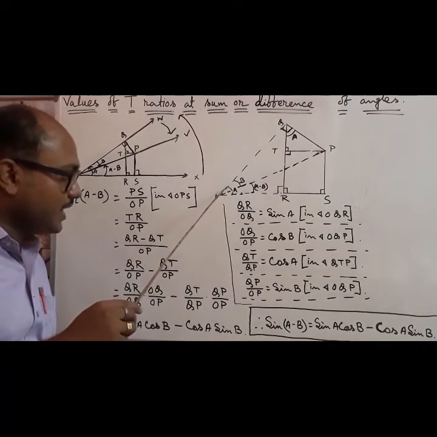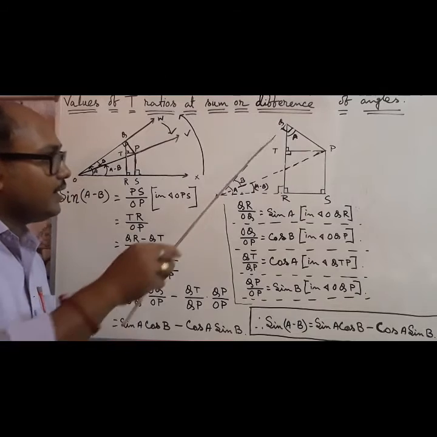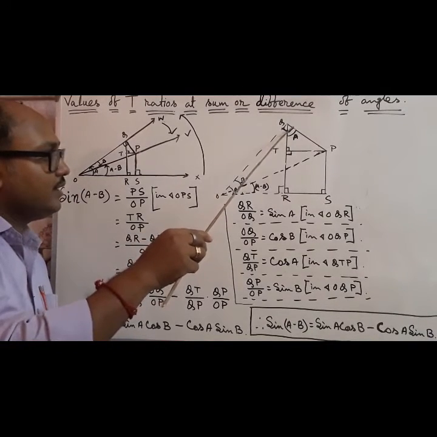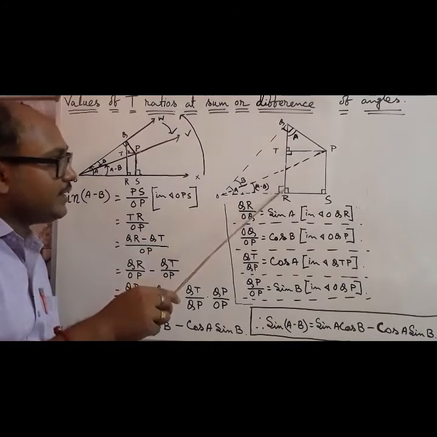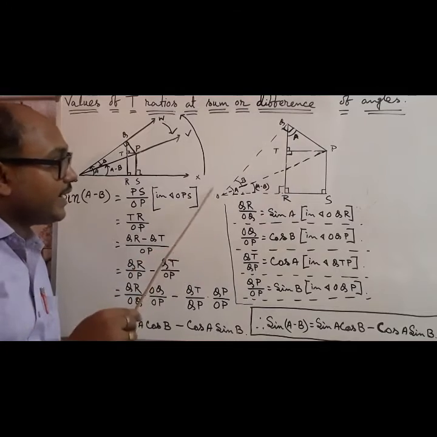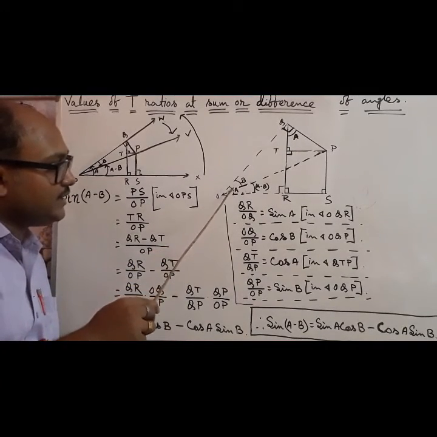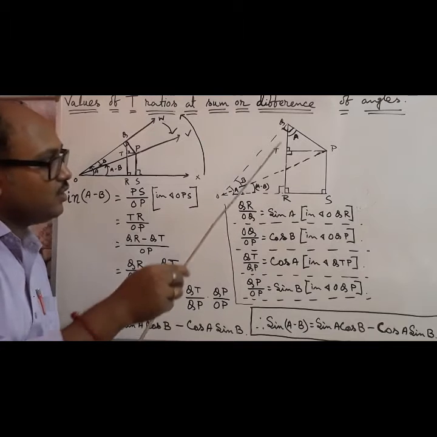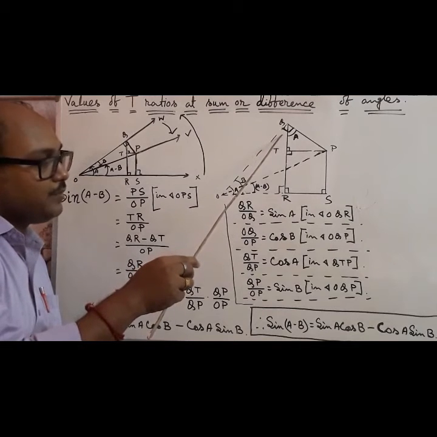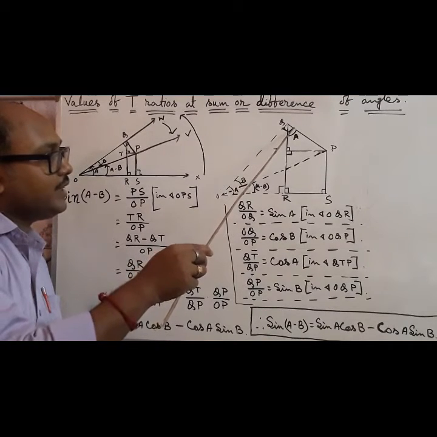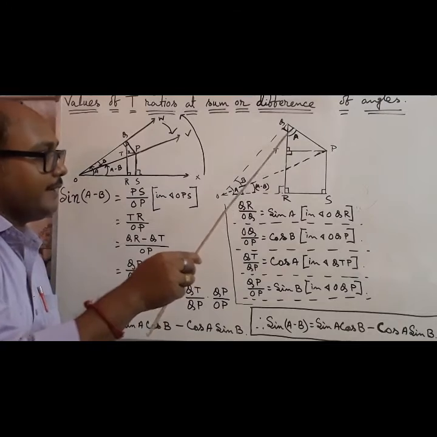So if this is the total angle A, and this is 90 degree, then what is this angle? This angle OQR is 90 minus A. If this angle is A, this angle R is 90. So this angle is 90 minus angle A. This is the total 90. So this angle is A.